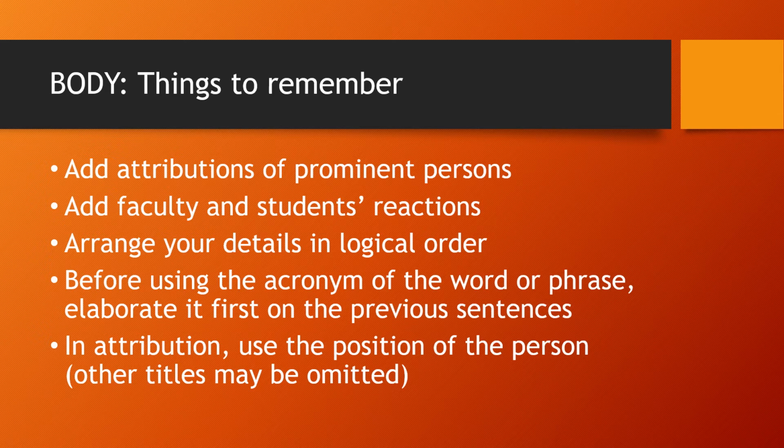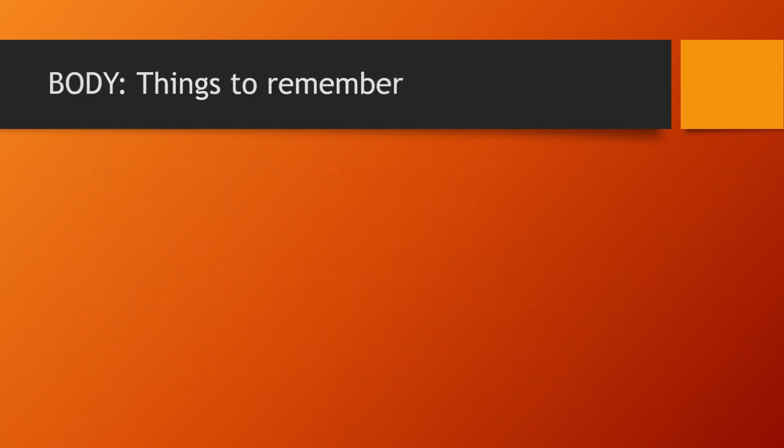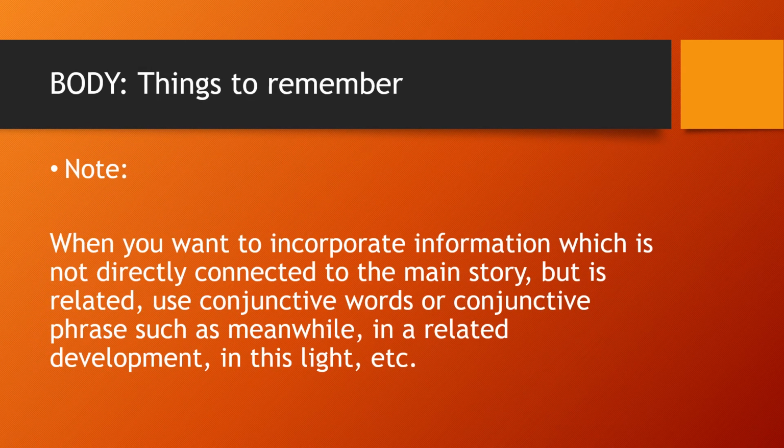Other titles may be omitted. Note: when you want to incorporate information which is not directly connected to the main story but is related, use conjunctive words or phrases such as meanwhile, in a related development, in this line, etc.